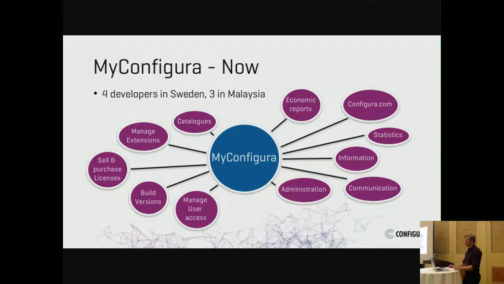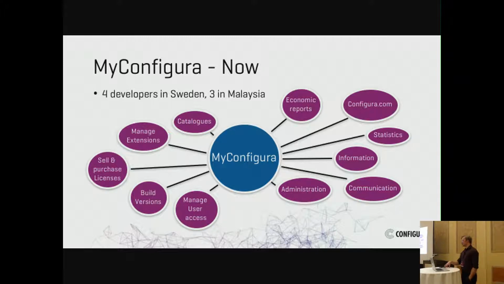So what MyConfigura is now is a very big platform, a lot more than you will see, because everyone just sees their little portion of the site. It includes all kinds of tools that we use internally and externally: invoice management, license management, sell and purchase licenses, connections to the build center and operator, catalogs, and you see we have a new Configura.com webpage, which was a big project.